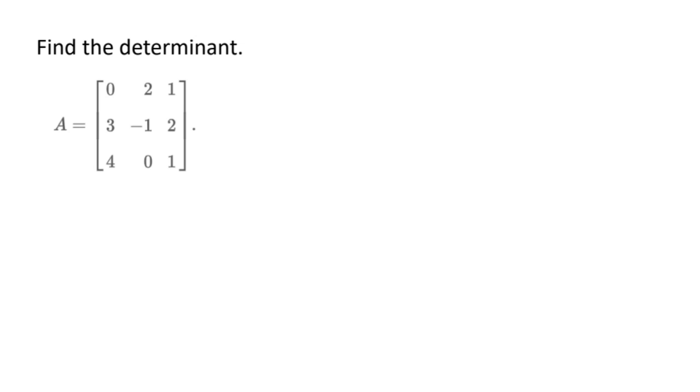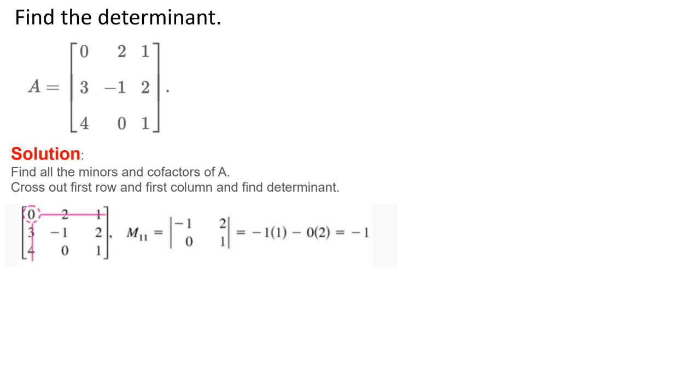So the way it works is it looks like this. You have a 3x3 matrix, and you want to find the determinant. So the first thing we're going to do is find all the minors and the cofactors of A. The way it's done is that you pick the first row and the first column. So I'm going to start with 0, and I'm going to cross out this row and this column.